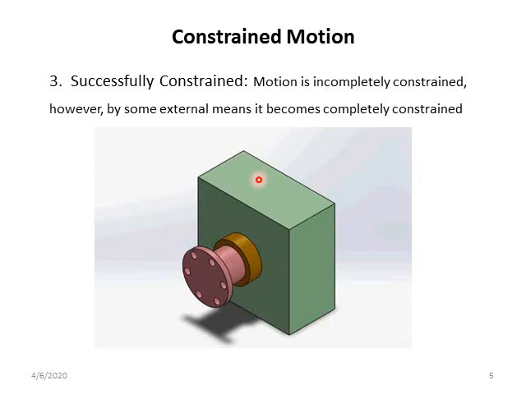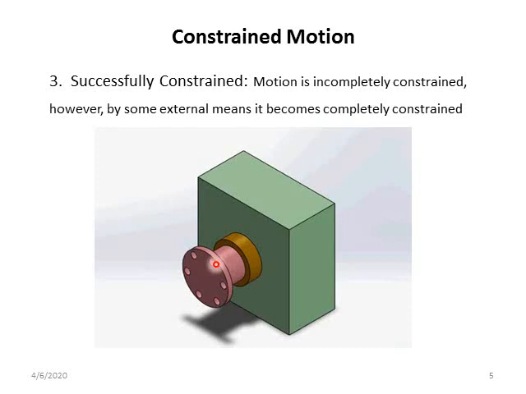In completely constrained motion, the motion was only in one direction. In the second example, the incompletely constrained motion, the motion was bidirectional. We have a box with a circular cavity, in which a rod with a flange at one side moved, and there were two motions: one axial and the other rotational.